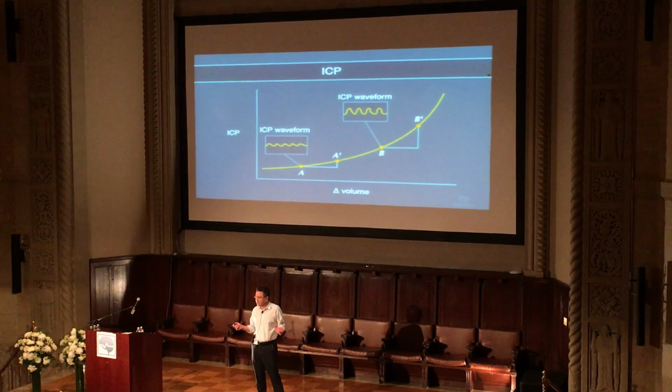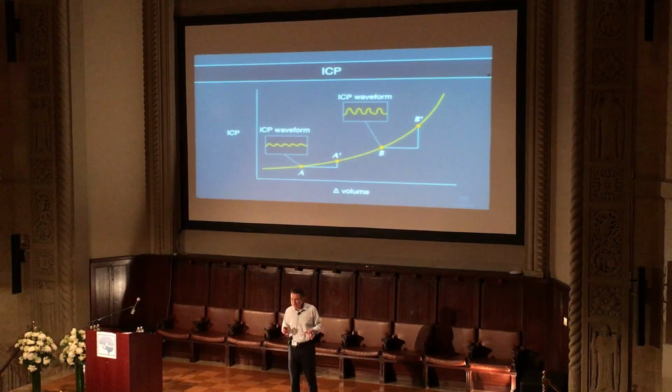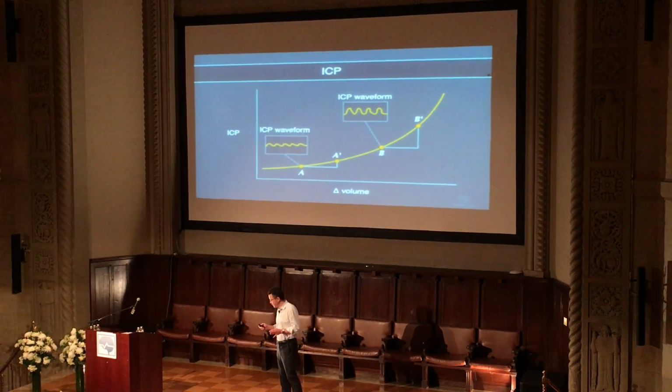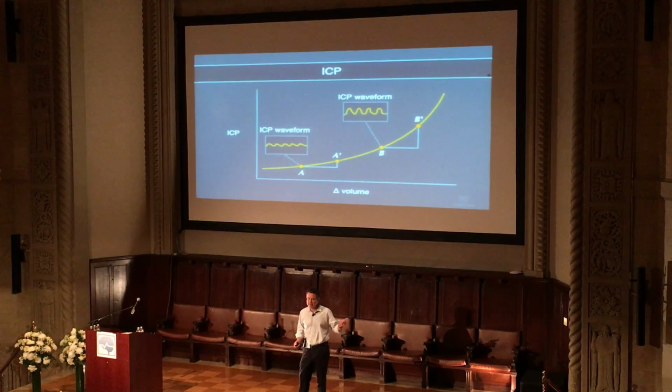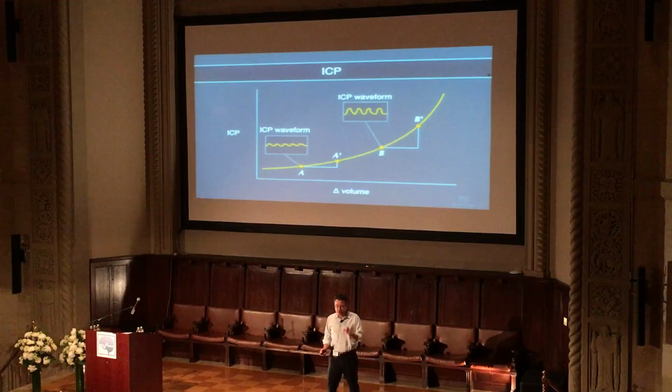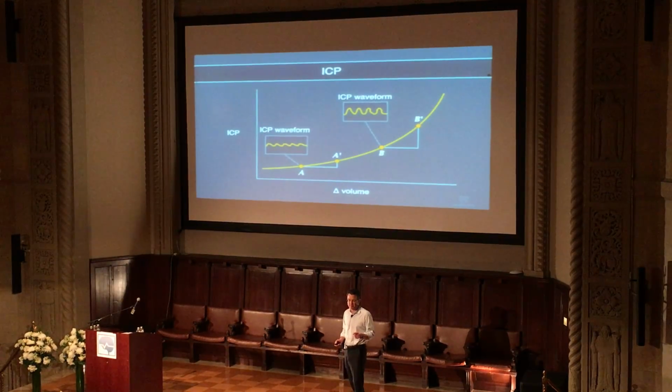So you've seen this a million times, but again, just a reminder that when you're in the non-compliant part of the pressure volume curve, as shown here, the waveform itself on the monitor is a crucial piece of information. In compliant states, as the brain pulsates, you have a small pulse pressure.